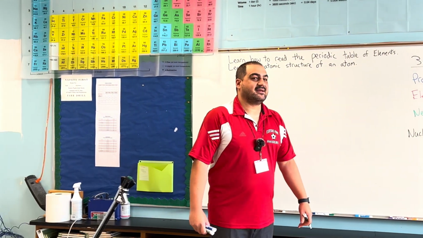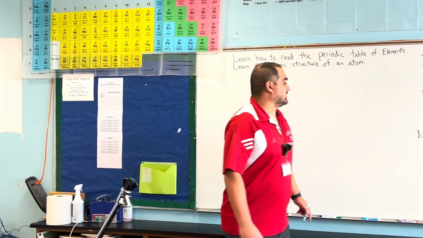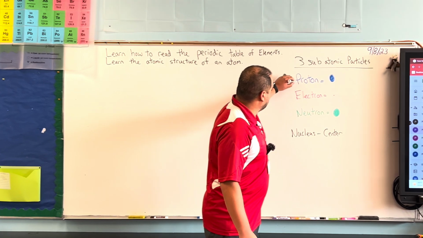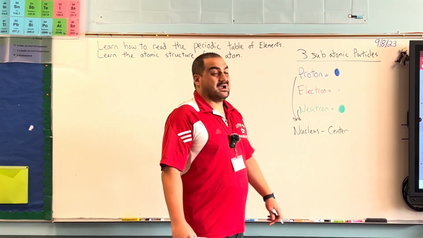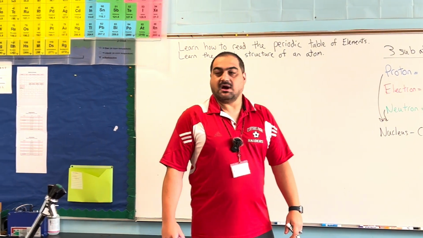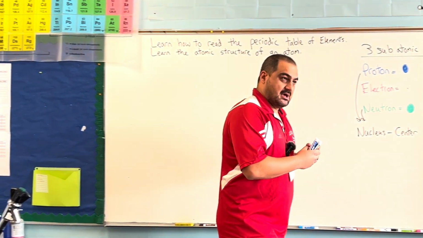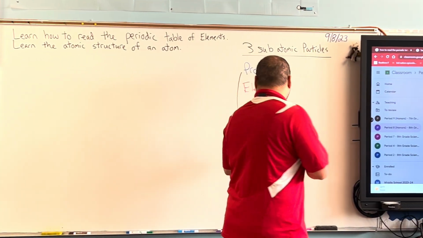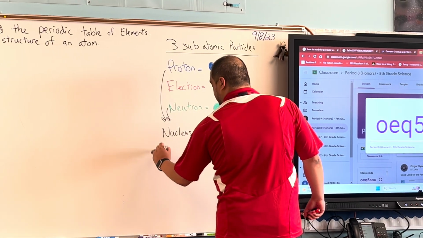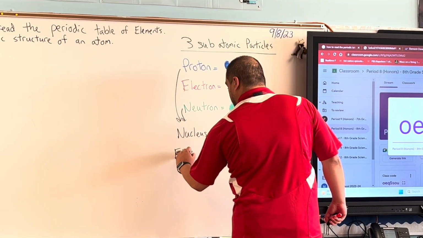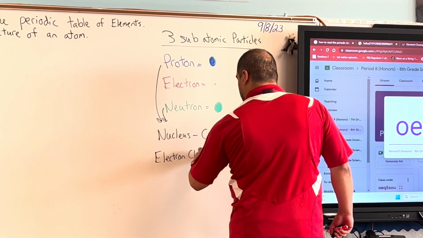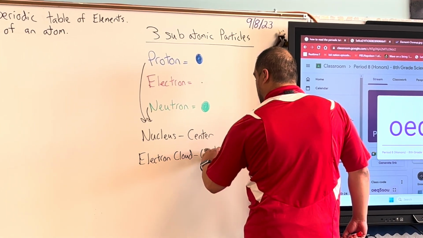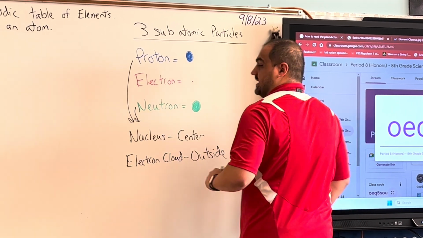The proton and neutron. Excellent. So in the nucleus, we only got protons and neutrons. Where's the electron? All right, Davey, finish it up. In the electron cloud. Beautiful, on the outside. So we have the nucleus and electron cloud, which is the outside, right? And that's where the electron is buzzing around.